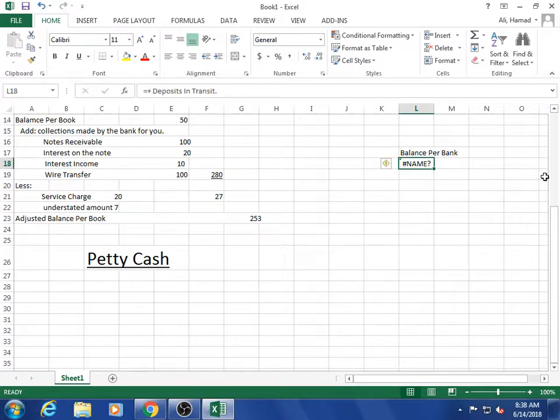It's not doing it, it's giving me a formula. F2. Let me just say F2 here. I'm going to remove the equal.